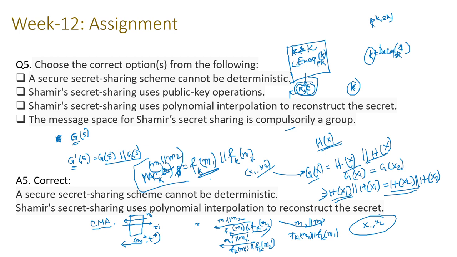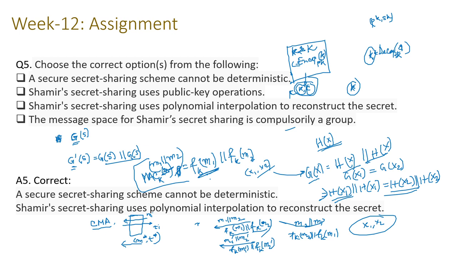But in case of strong CMA security, we say that M star may be equal to some query phase message, but its corresponding tag should be different from the tag it had seen for the same message in the query phase. So usually CMA security corresponds to a deterministic MAC, whereas strong CMA security defines the security notion of a randomized MAC.